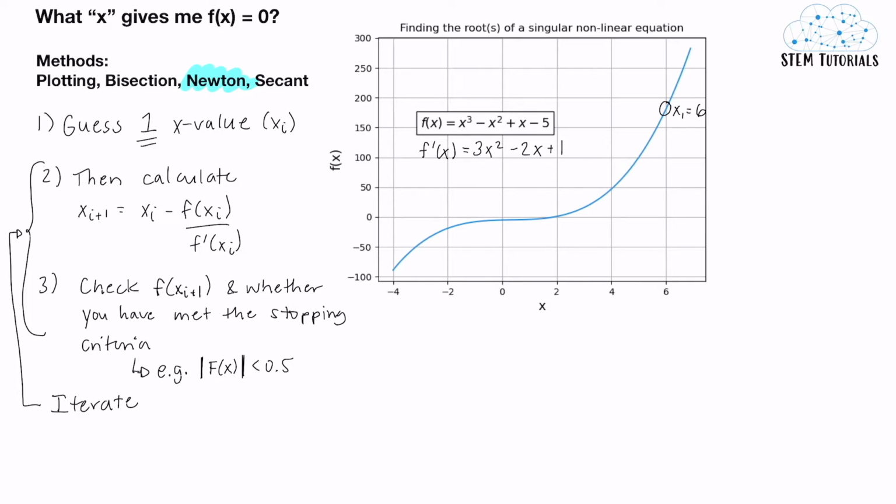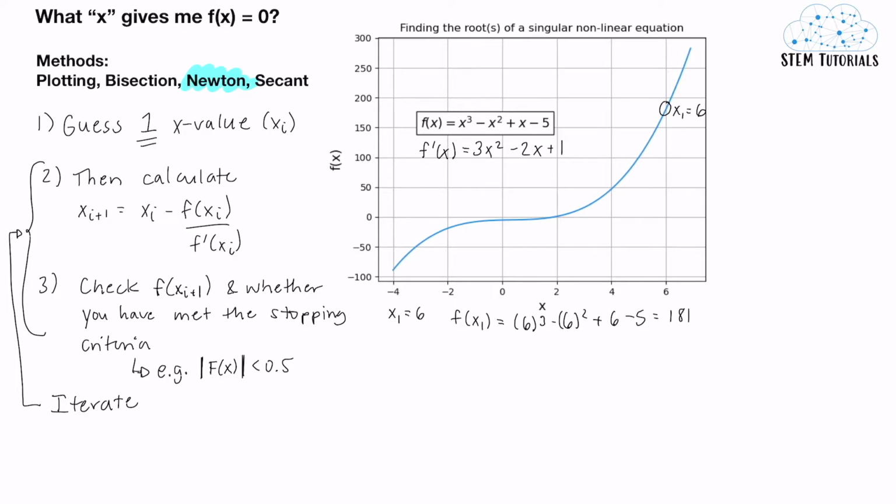So we know that our x1 we've defined as 6. Then we'll calculate our f of x1, which equals, again, we're just plugging our x in this equation up here, 6 cubed minus 6 squared plus 6 minus 5. If you plug these values in your calculator, you'll get an answer of 181.